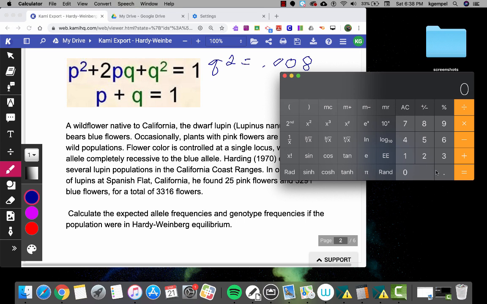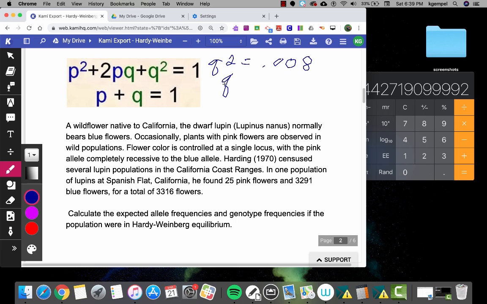I would prefer to put my rounded value in there anyways: 0.008, square root it, and I'm going to end up with 0.09. I'm going to round that. So Q is going to be equal to 0.09. So now I have Q, I can figure out P. P is going to be 1 minus 0.09. So that's going to be equal to 0.91.